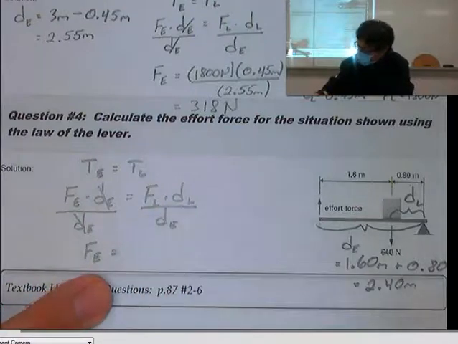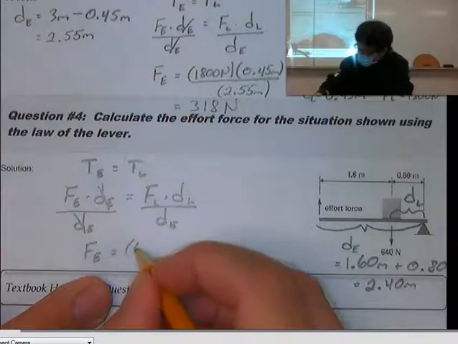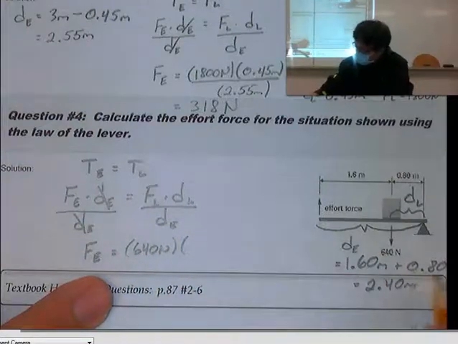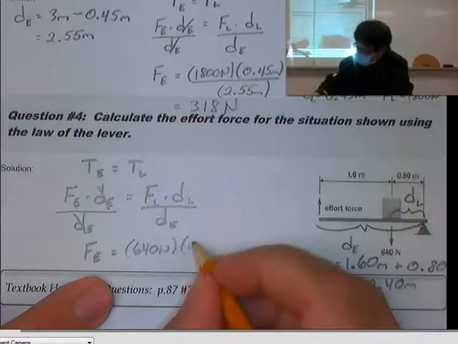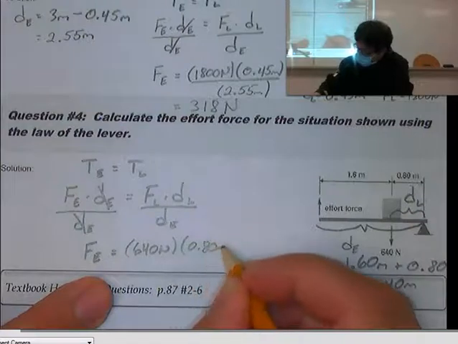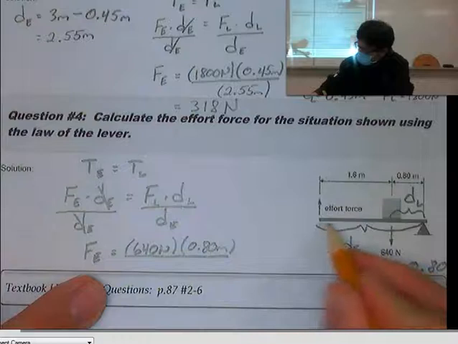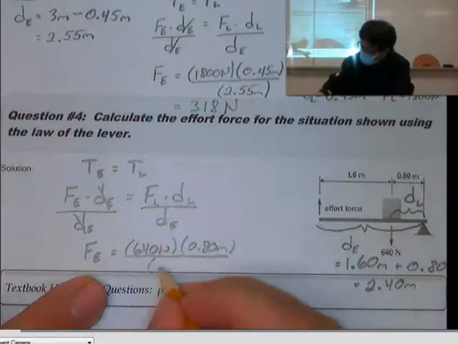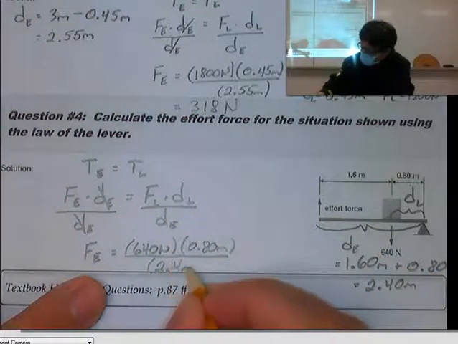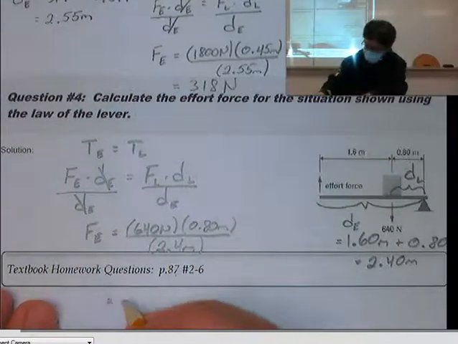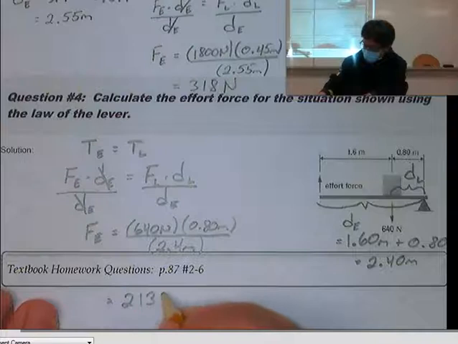We have our load, which is 640 newtons, times our load arm, which is 0.8 meters, all divided by our effort arm, which is 2.4 meters. So that's going to equal 213 newtons.